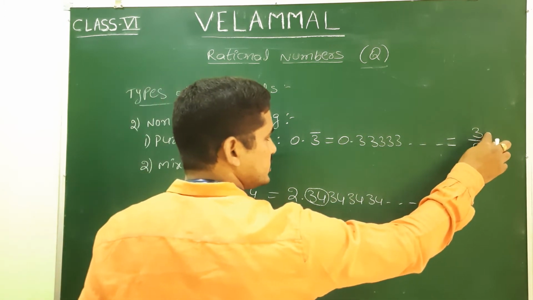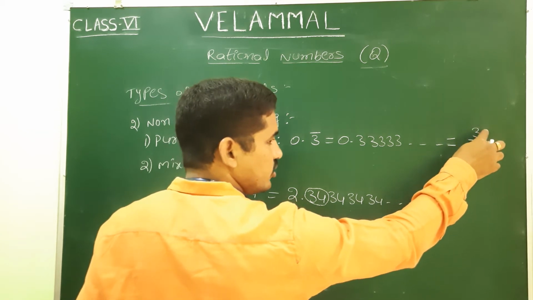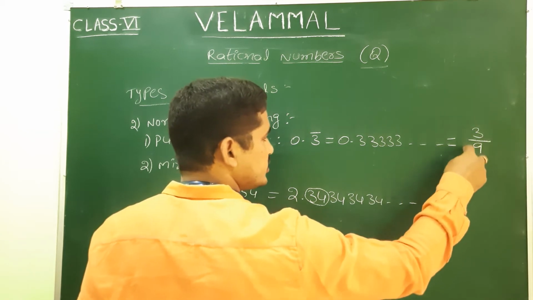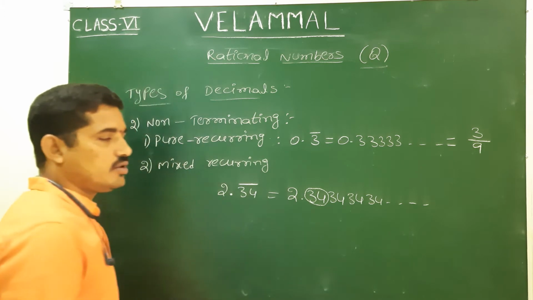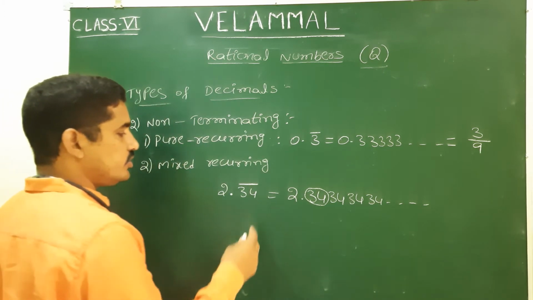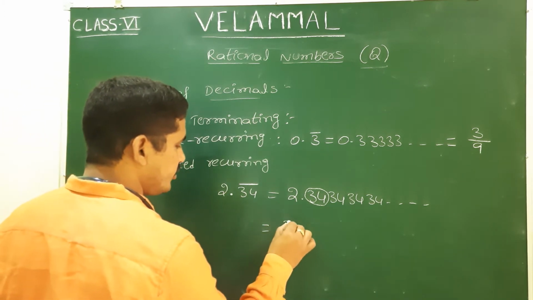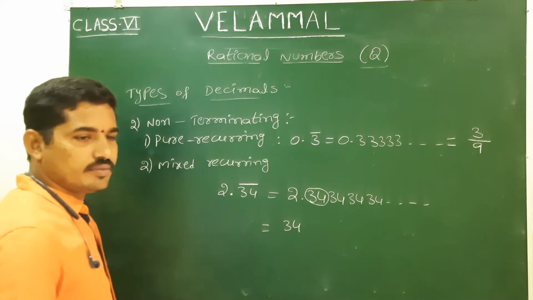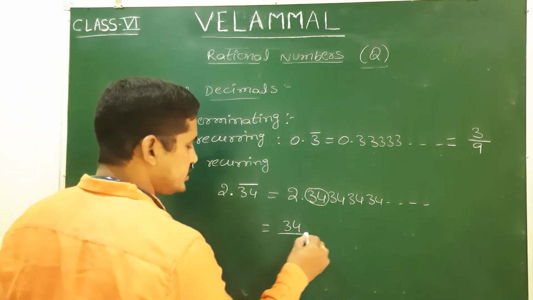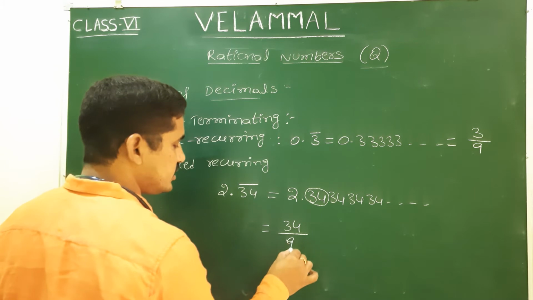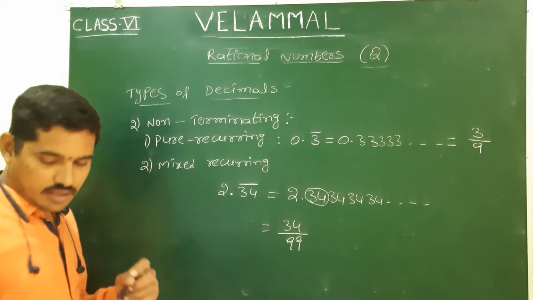Coming to here also, the period we take in the numerator and for periodicity 2, 99 will come.